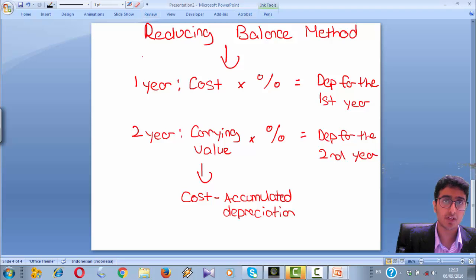Remember, in the first year it will be the cost times the depreciation percentage, and the second year will be the carrying value, not the cost, times the depreciation percentage. The depreciation percentage will already be given in the question.